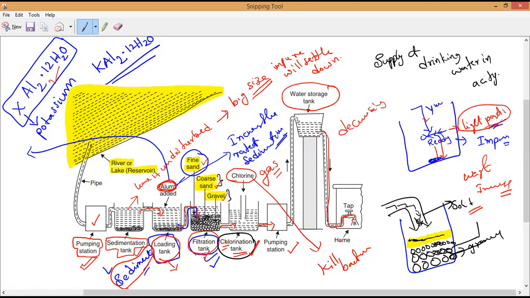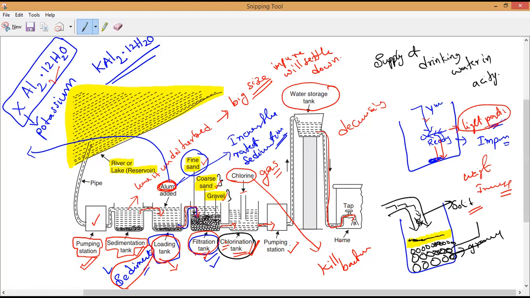Here, the disease causing bacteria and virus may reach this tank because it is not possible to filter them, so we pass chlorine gas and kill all the disease causing microorganisms, and finally the water is ready for drinking.